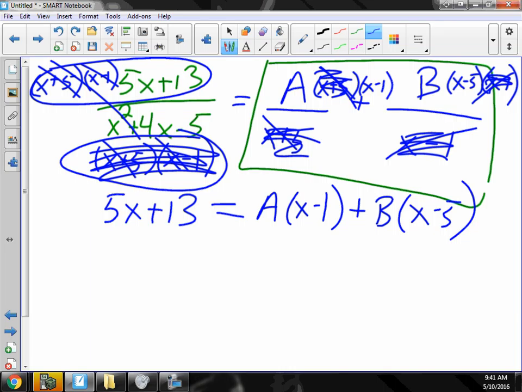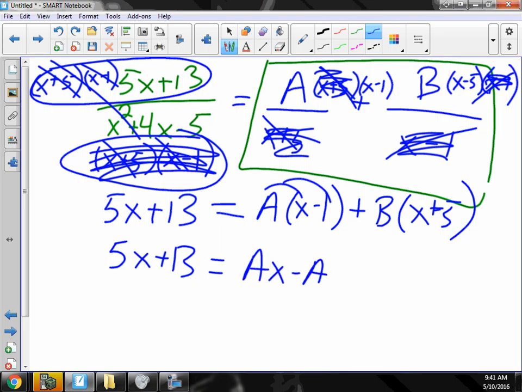And that gives me my original numerator, 5x plus 13, equals A copies of x minus 1 and B copies of x plus 5. So now 5x plus 13 equals, I'm going to distribute ax minus a and distribute bx plus 5b. Or b, sorry.